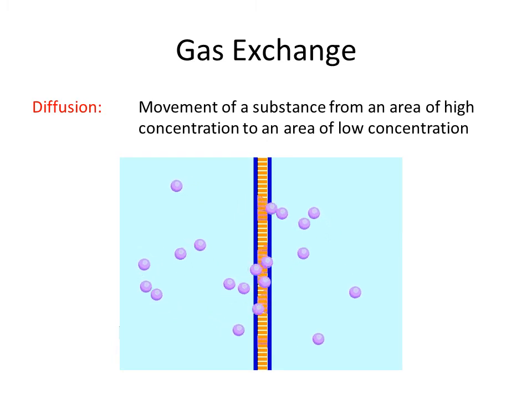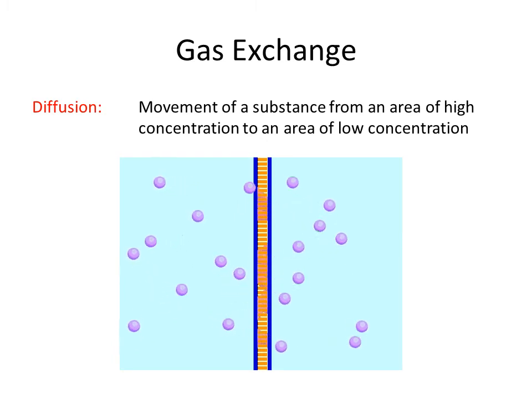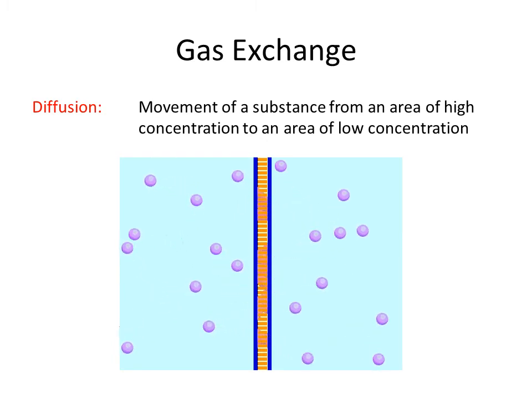The molecules move from an area of high concentration on the left to an area of low concentration on the right. At the end of the GIF, there is the same number of molecules on both sides. Diffusion stops when there is an equal concentration on both sides.